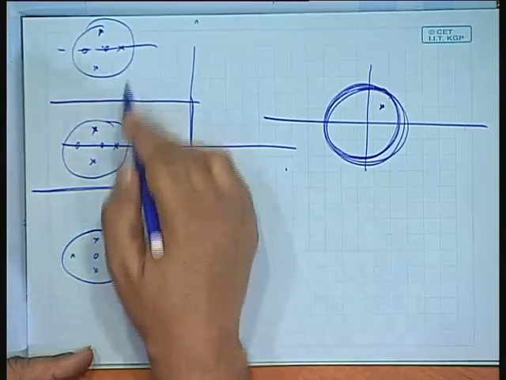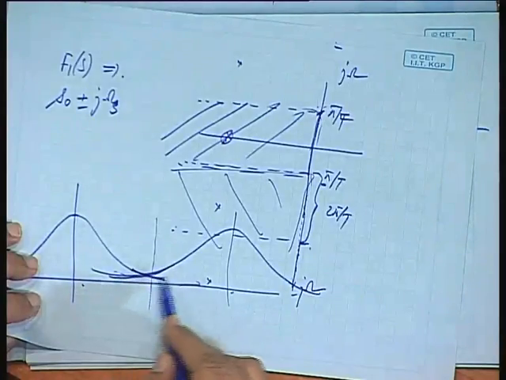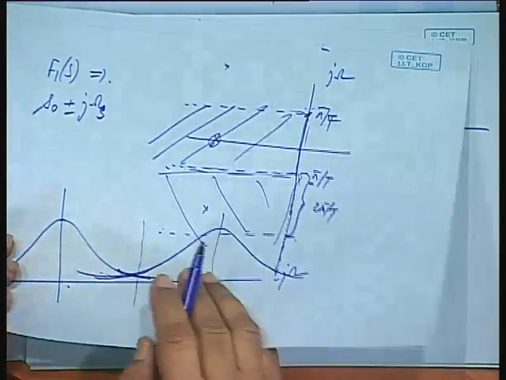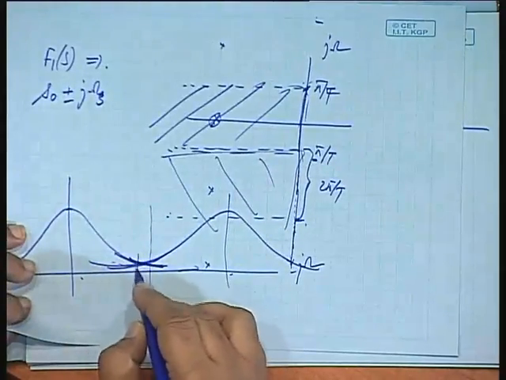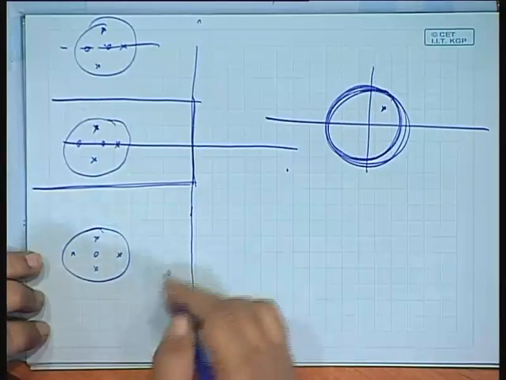So aliasing cannot be avoided unless the sampling frequency is very, very high. You cannot avoid the aliasing effect in the impulse invariance method. It will be there, unless you do some pre-filtering, some low pass filtering of the signal.